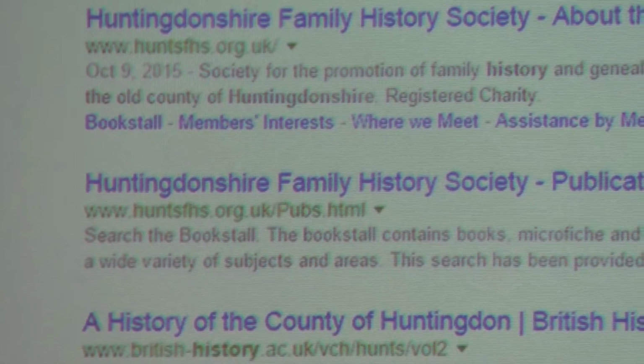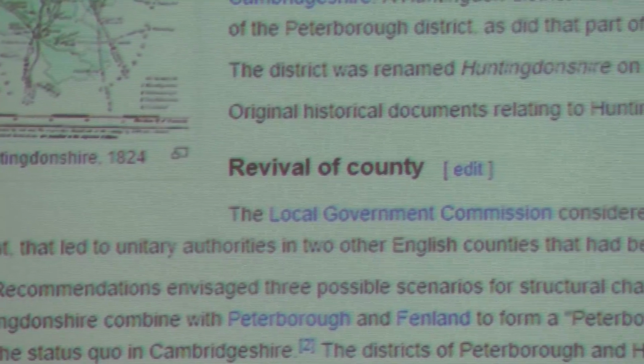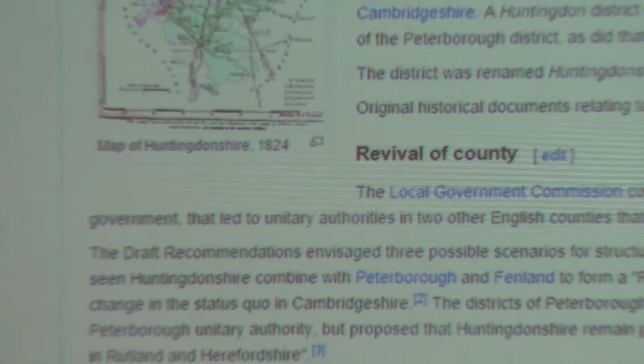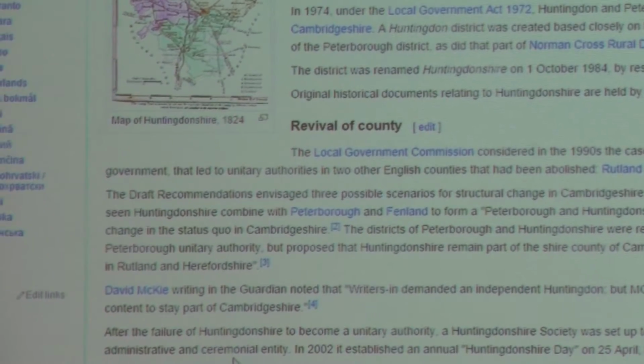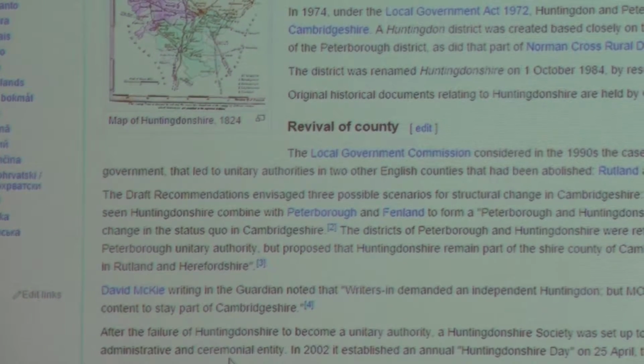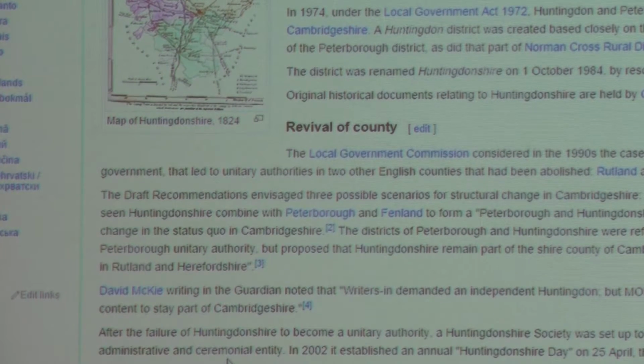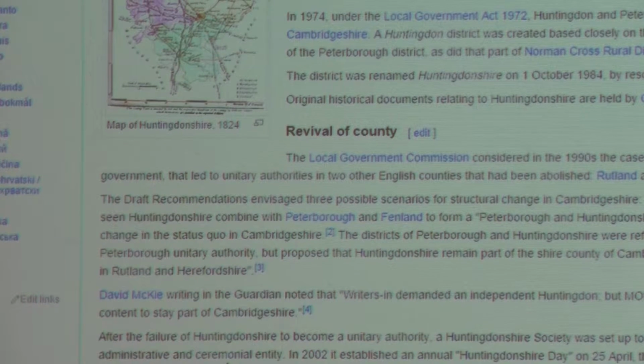And then I go to another website, and it goes through the history of Huntingdonshire and points out some other things, and then says, after the failure of Huntingdonshire to become a unitary authority, a Huntingdonshire Society was set up to promote awareness of Huntingdonshire as a historic county.